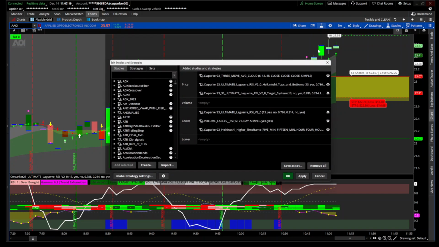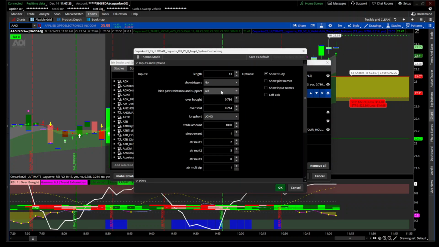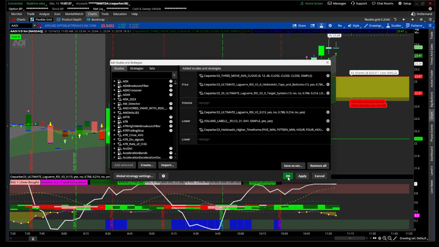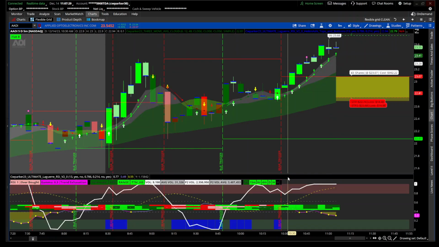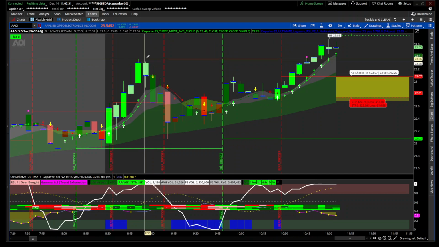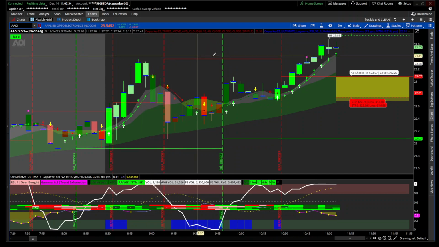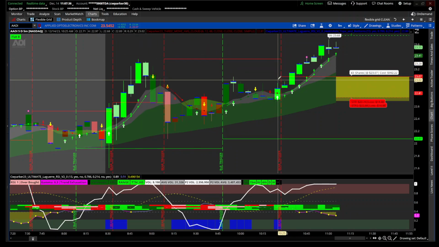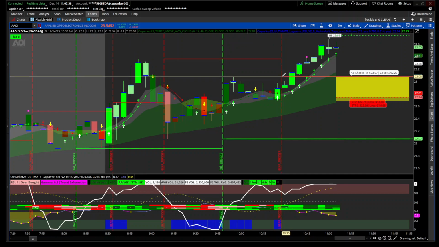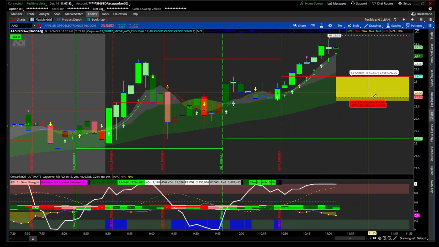So if I cut those targeting system, if I cut those old support and resistance levels on, we can see them a little bit better. So this was our first bearish signal, and this is the one we're playing off of, this bearish trigger right here. And you can see from right here, 43 shares, and your stop.